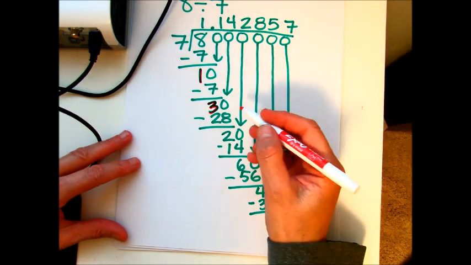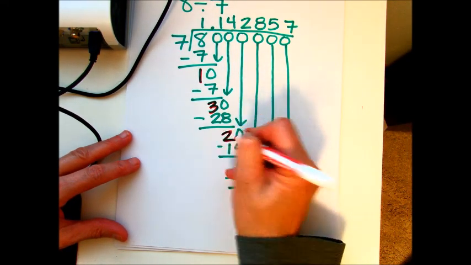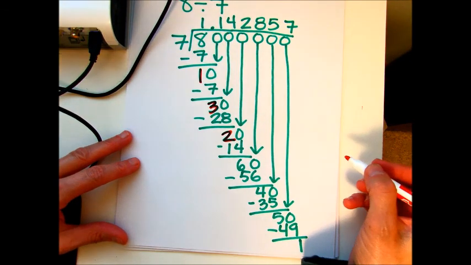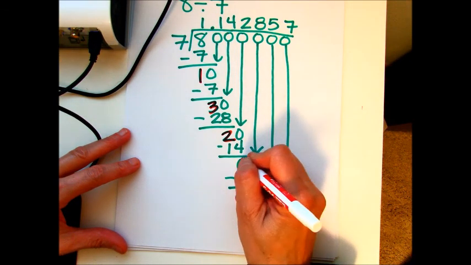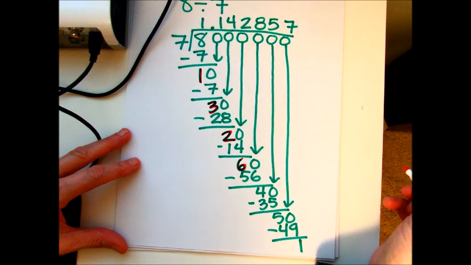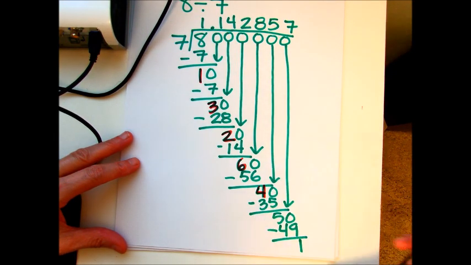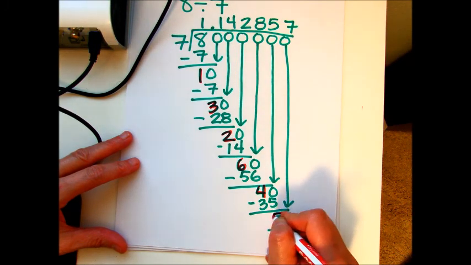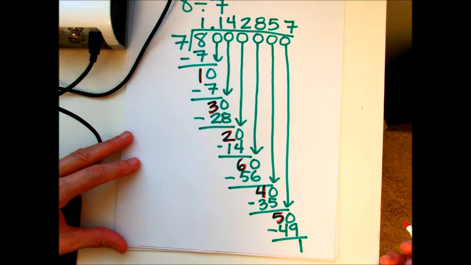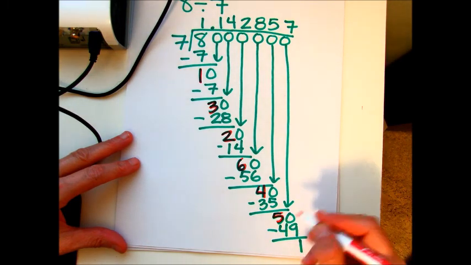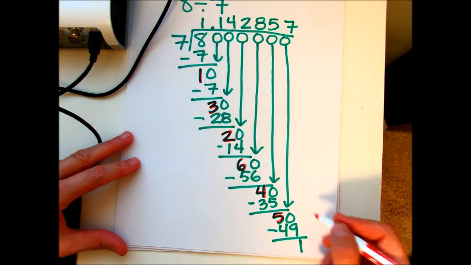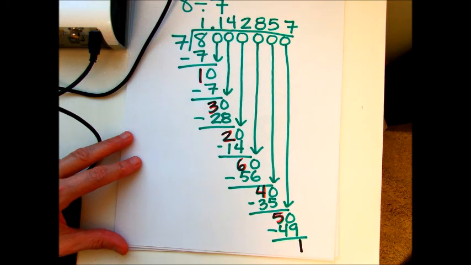I subtracted, I came up with a 2 and then added a 0. When I subtracted, I got a 6. I added a 0. When I subtracted, I got a 4. Added a 0. And then when I subtracted, I got a 5. And then I subtracted 49 from that 50, and I got a 1.